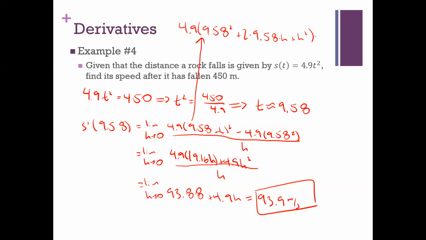So basically that's just me, if I were to FOIL out that binomial. And the shortcut I took was I know that that constant 4.9 times 9.58 squared is going to cancel out the far right term. So all I'm left with is 4.9 times 2 times 9.58. I think, did I do it wrong? No, I don't think so. Was that what you were after? Yeah, I think I just skipped a step.